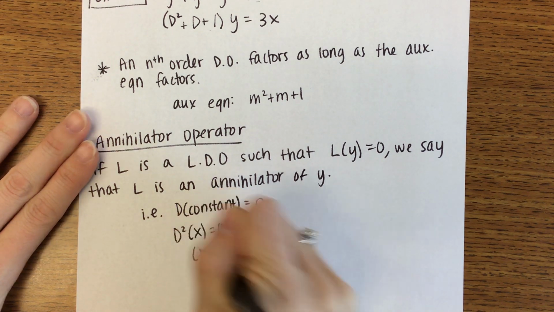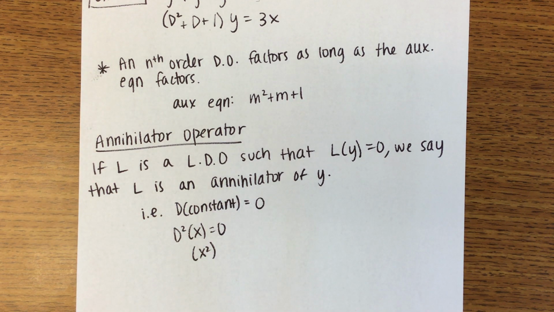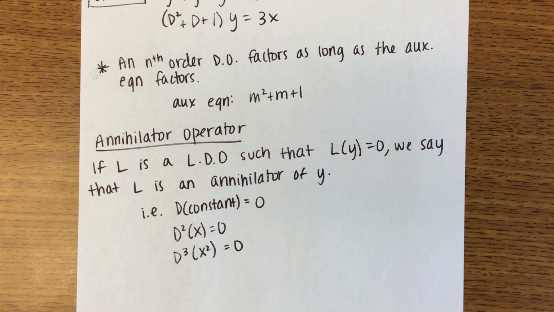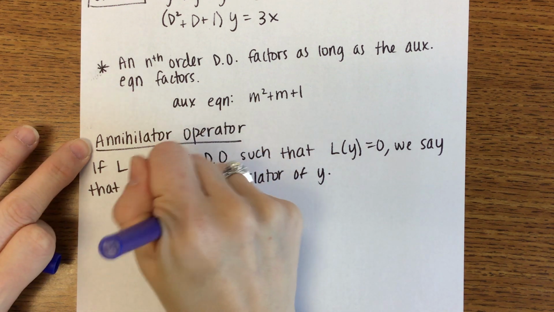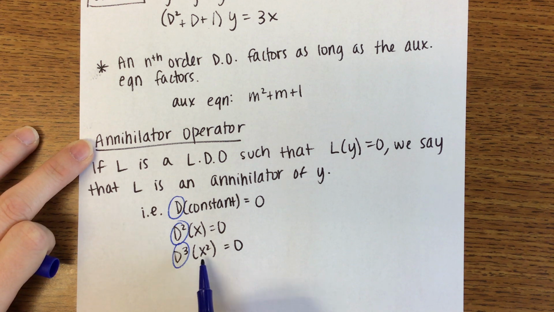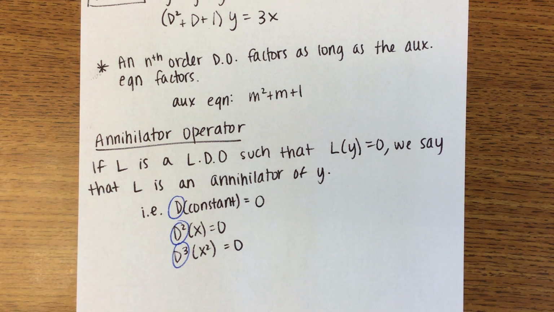What about x squared? How many times would you have to take the derivative in order to get 0? 3, right? So D cubed. So this D cubed is called the annihilator for x squared. It annihilates x squared.